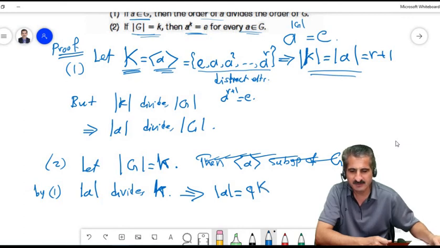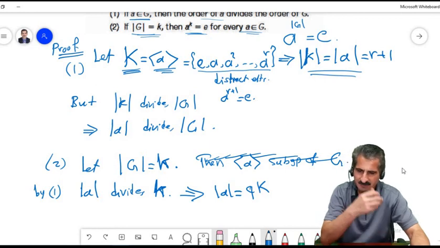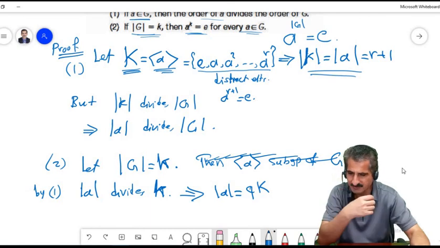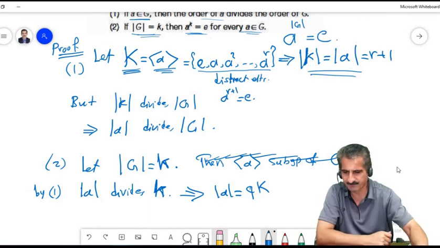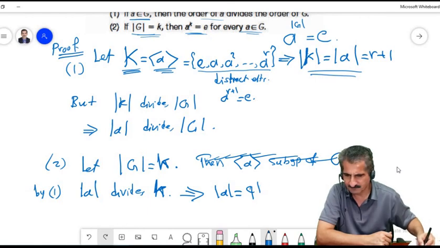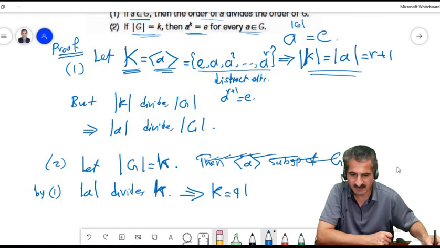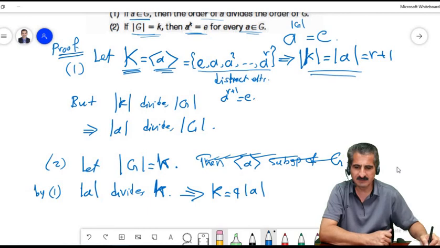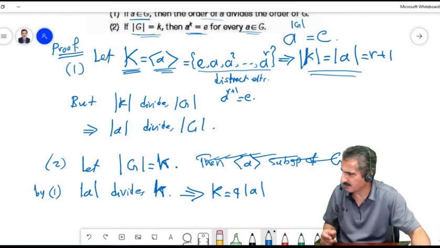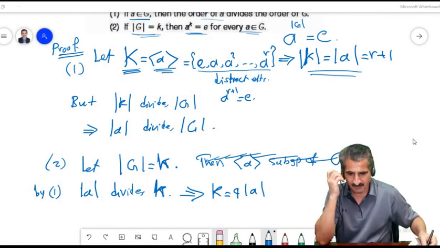We want to show that A to the power K equals the identity. We have K equals Q times the order of A, right?